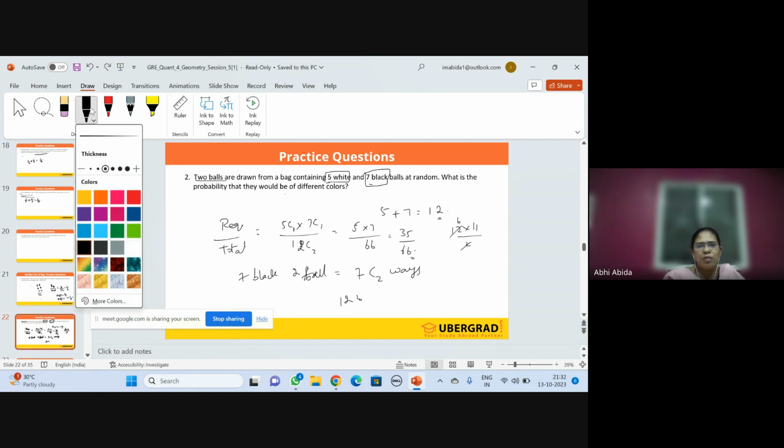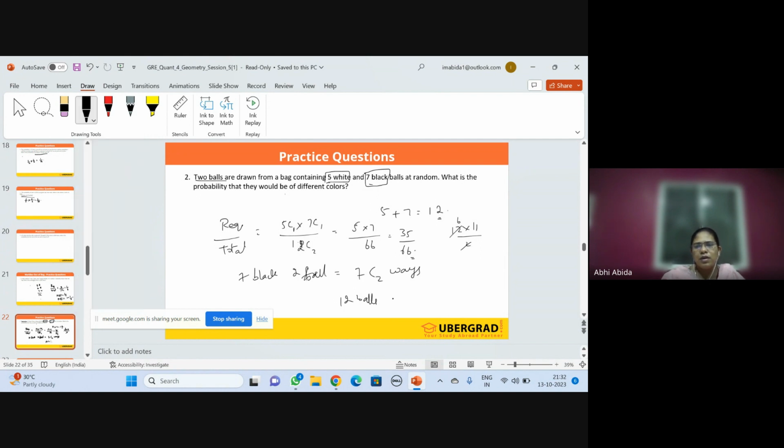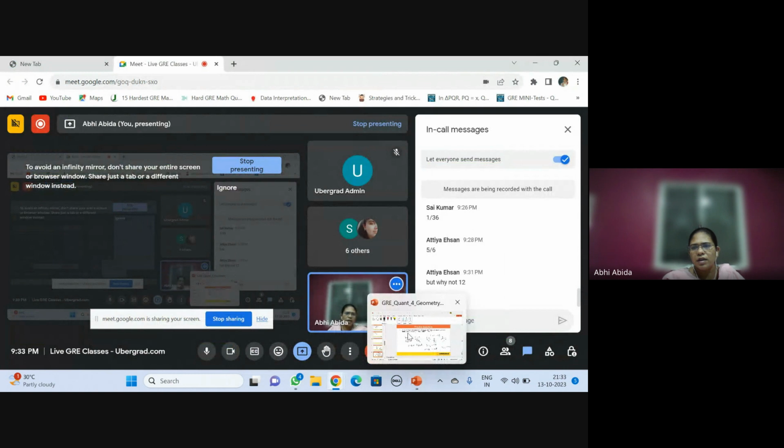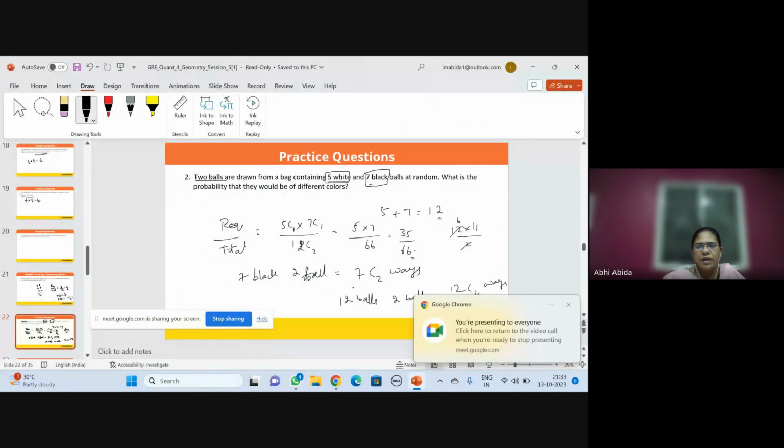Our marbles are balls, same stuff. 12 balls are there, we need to select 2 from that. 12C2 ways. Bas khatam. Okay. Did you get the point, Atya? Right. Next question.